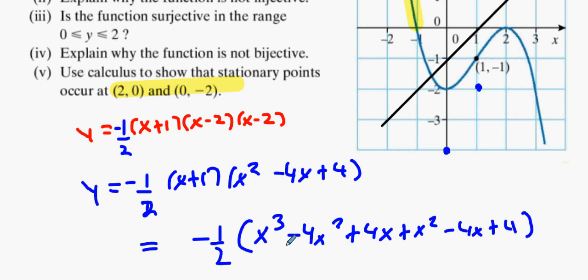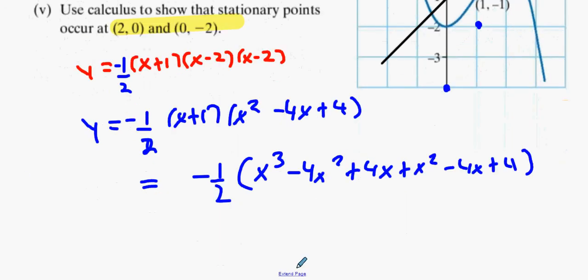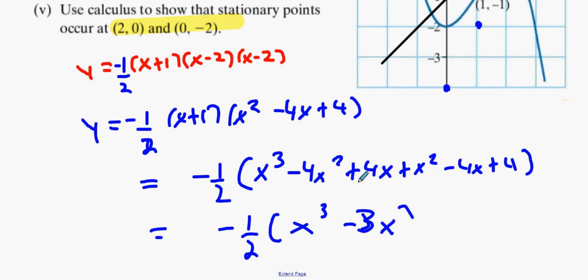Alright, what does all that whittle down to then? Anybody? 1x cubed, isn't it? Oh god. Yeah, what? Apparently I can't write anymore, which is interesting. What did you say, minus what? 3x squared, yeah.